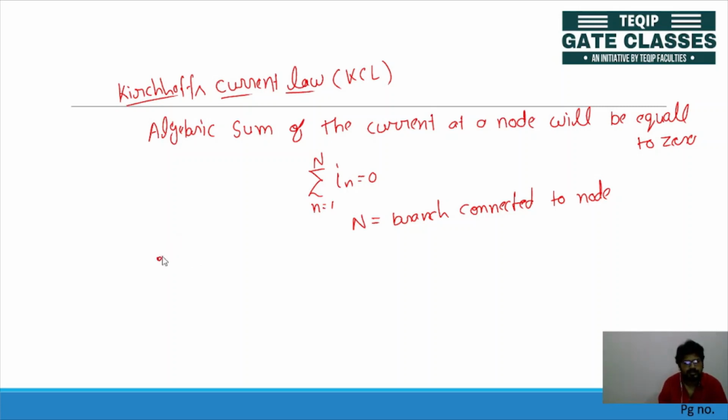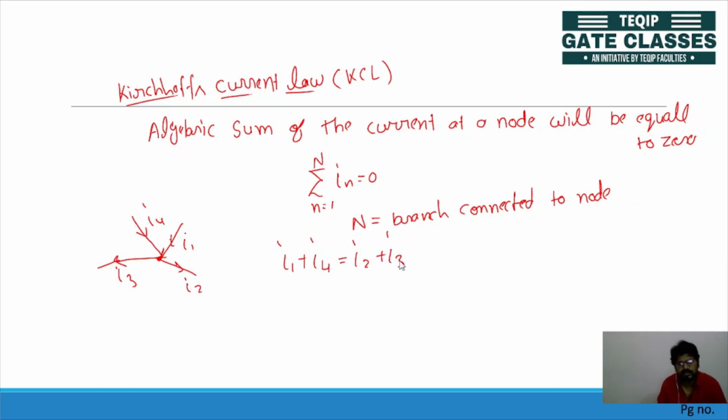Like if we have a node here, with current I1 in this direction, current I2 in this direction, I3 in this direction, and I4. According to KCL, the algebraic sum of current at a particular node will be 0, meaning I1 plus I4 is equal to I2 plus I3.